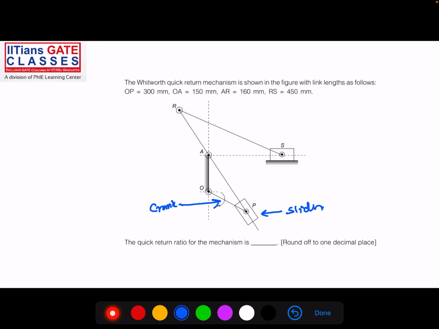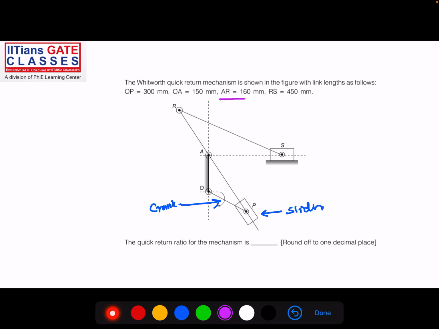The slider slides in the rod RP. So basically the RP length is not constant. RP can keep on changing, or you can say AP length is also not constant. AP will keep on changing.